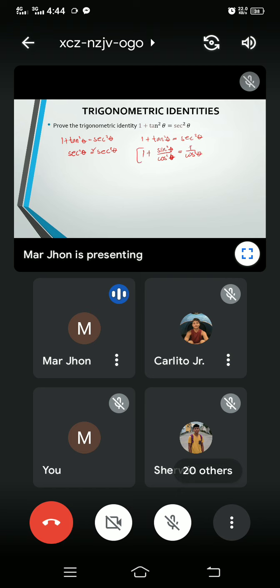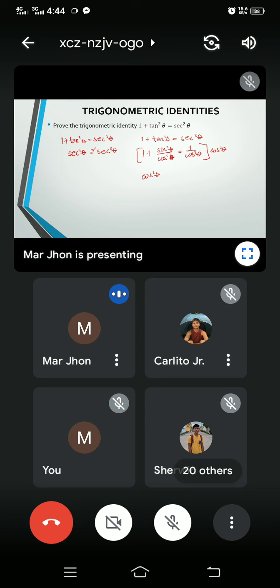So multiply both sides of the entire equation by cosine squared theta. So cosine squared times 1 is cosine squared theta.